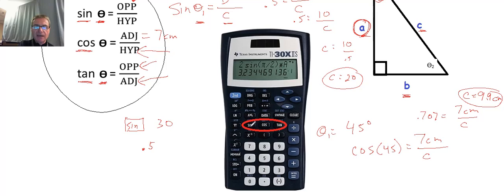Right above the sine is the inverse sine. Right above the cosine is the inverse cosine. Right above the tangent is the inverse tangent. So if I want to use those functions, I simply hit the second button, and then whichever function above the button I want to use, I just hit that.